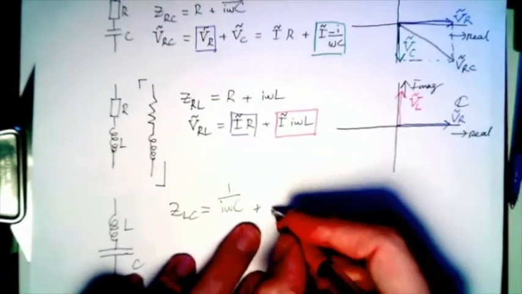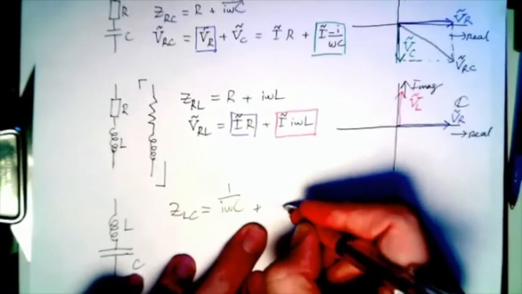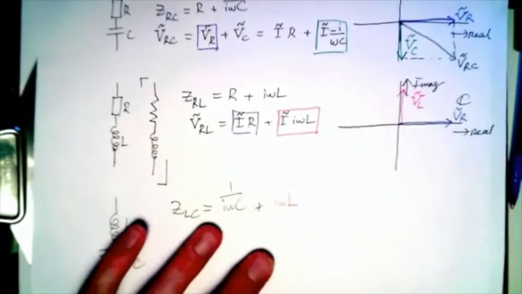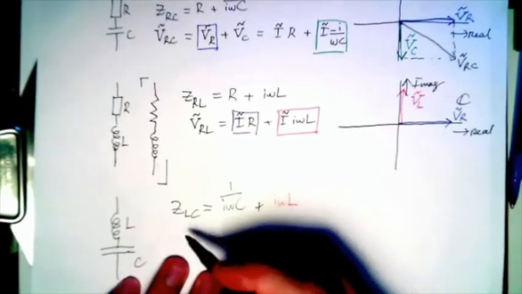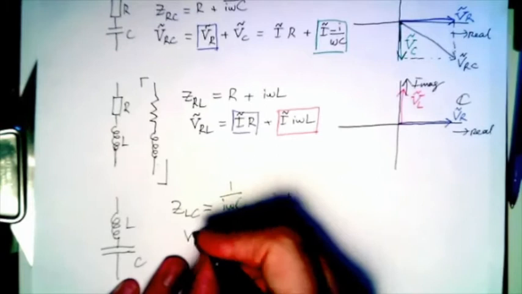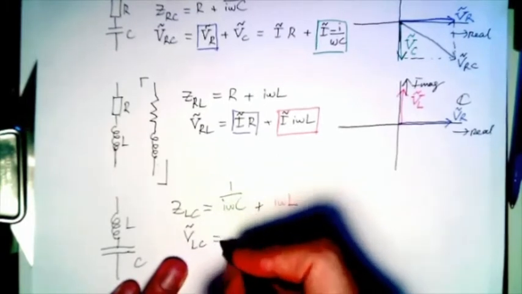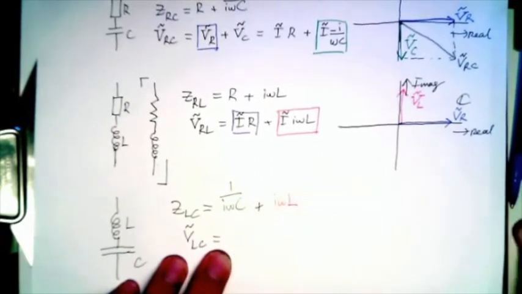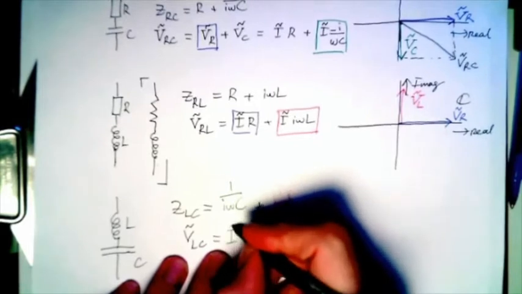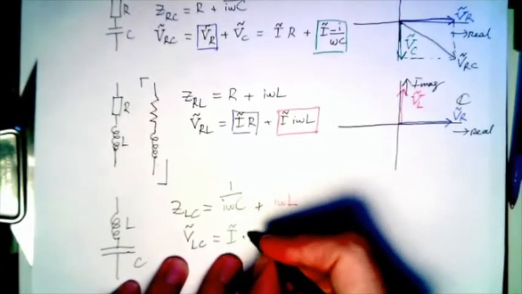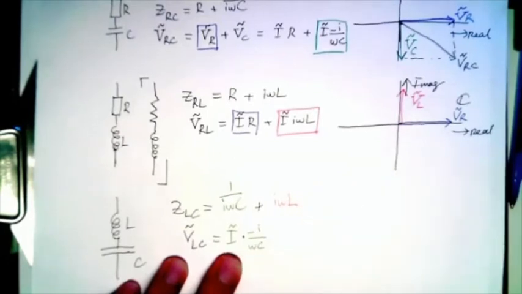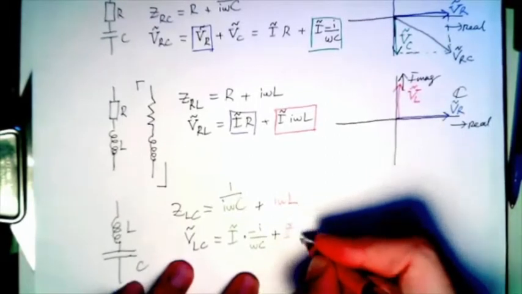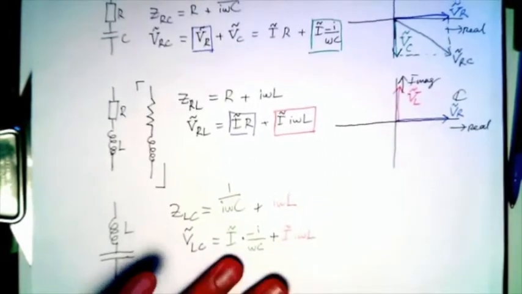So this is the impedance of the inductor, this is the capacitor. Now, I will write the voltage phasor. So the voltage phasor VLC is the current phasor times minus i over omega C plus i omega L.